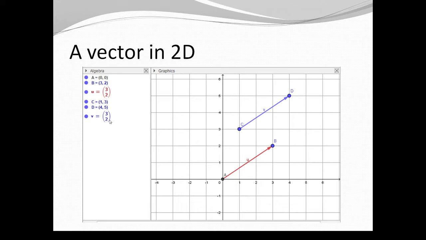And this is a vector. 3 really means you're going 3 units to the right. 2 really means you're going 2 steps up. Does that make sense? So a vector can be represented by 2 numbers. Well, we assume that the starting point is at the origin. All right?